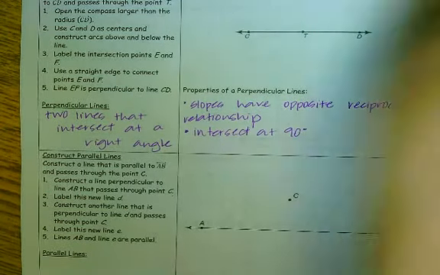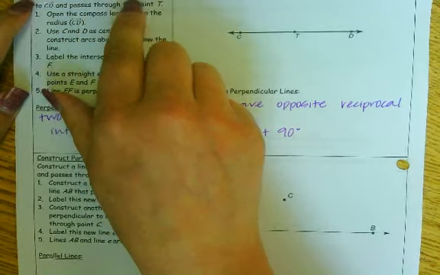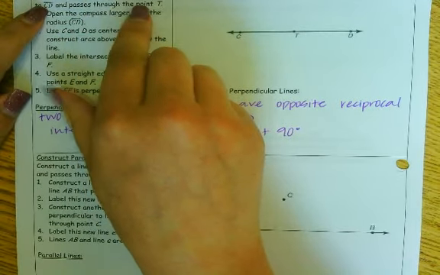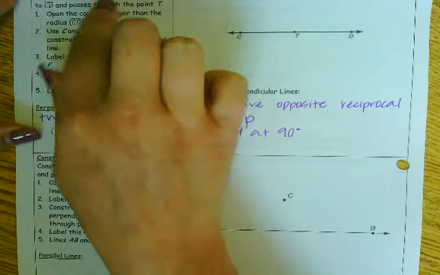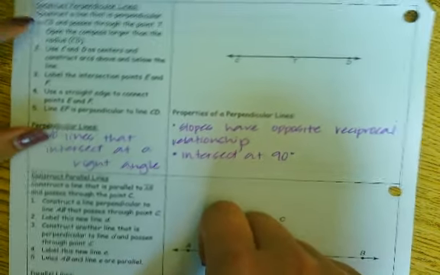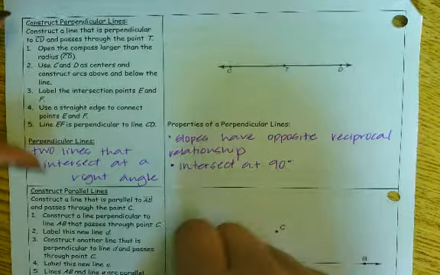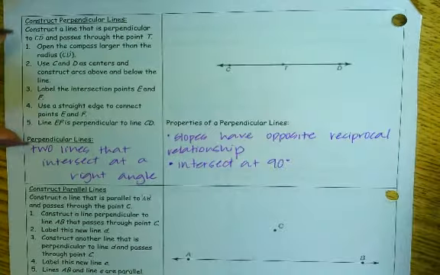Alright. It says that we want to construct a line that is perpendicular to CD and passes through the point T. There are a lot of steps here, and this is how your Carnegie book defines this construction. However, I'm going to give you an easier way.